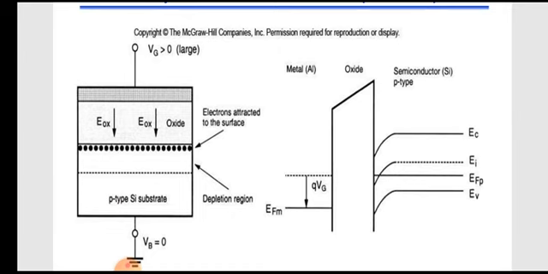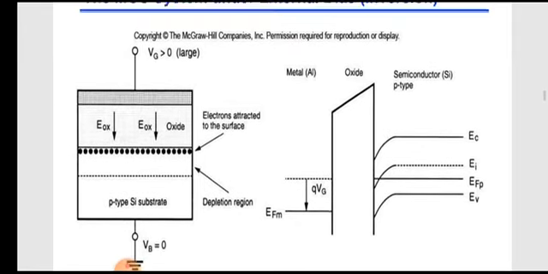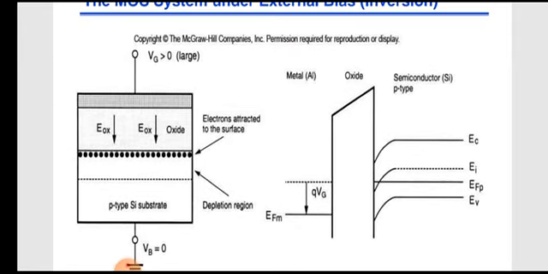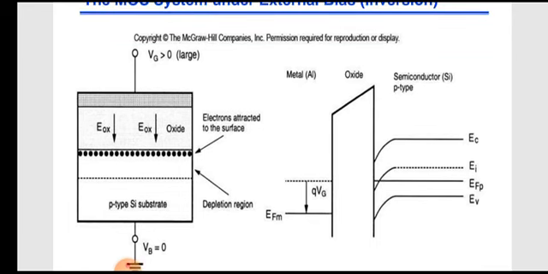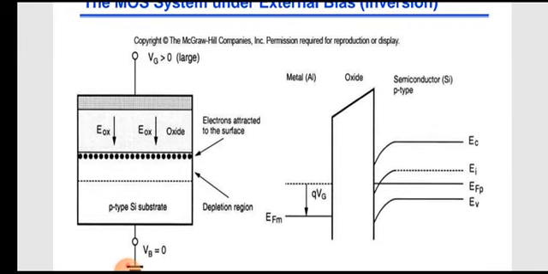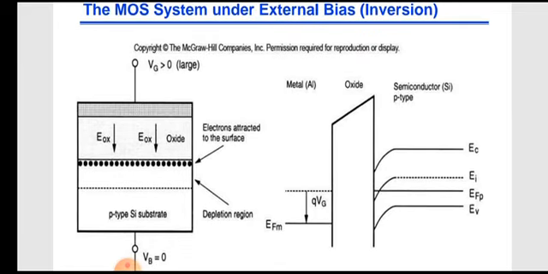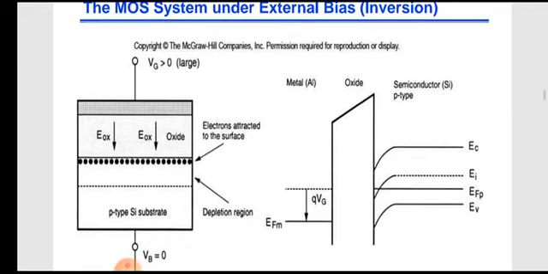The electrons are attracted to the surface in the p-type silicon semiconductor, the carrier concentration changes, and we have created the depletion layer. Because we are increasing the gate voltage again and again, the mobile carrier concentration can increase, but the depletion depth would stay the same.